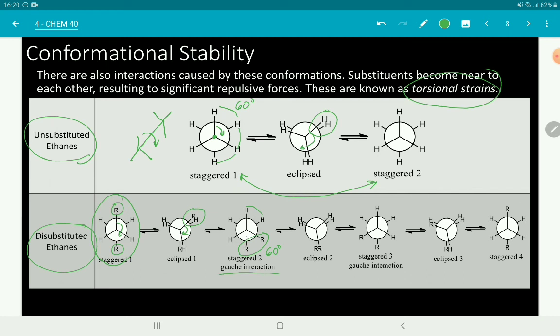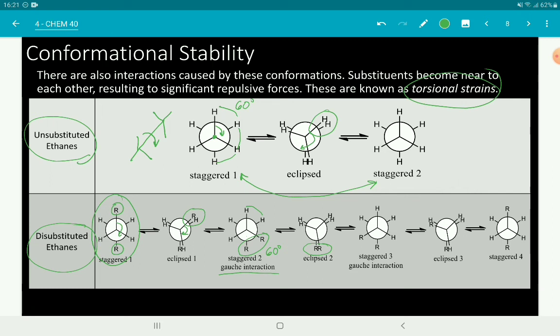So, the gauche interaction is a staggered conformation pero magkalapit yung malalaking substituents. Okay? So, the least stable conformation is of course the eclipse conformation wherein the dihedral angle between the heavy substituents are at the minimum. So, ibig sabihin maximum yung torsional strain between the two substituents.